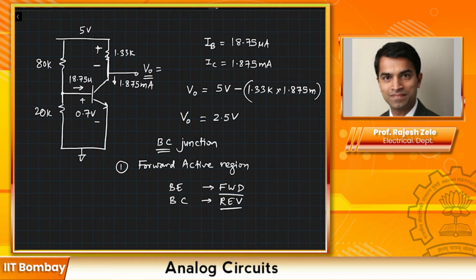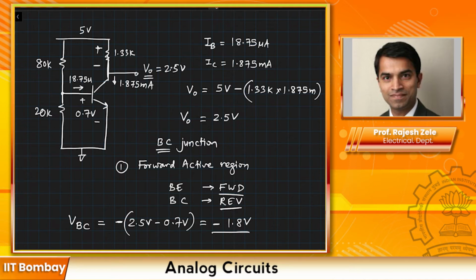If V0 is equal to 2.5 volts DC, then the base to collector junction is equal to 0.7 minus 2.5 volts, which is equal to minus 1.8 volts. So we can safely say that this transistor is in forward active region with base emitter junction forward biased, base collector junction reverse biased.